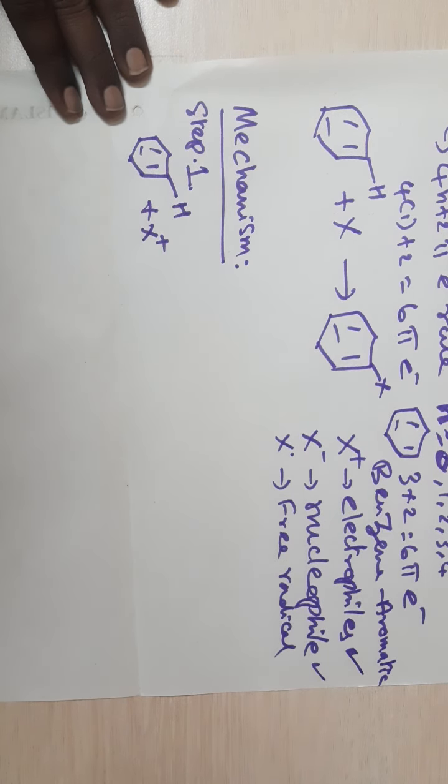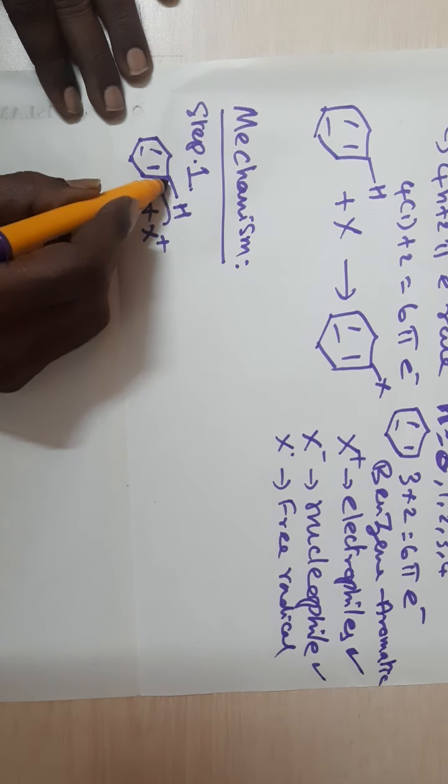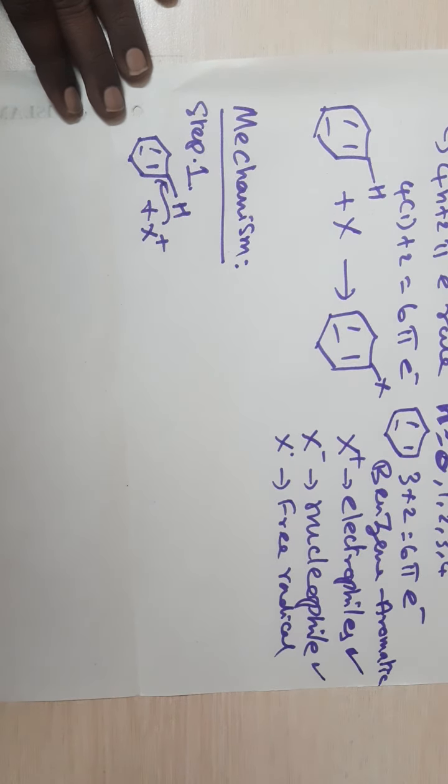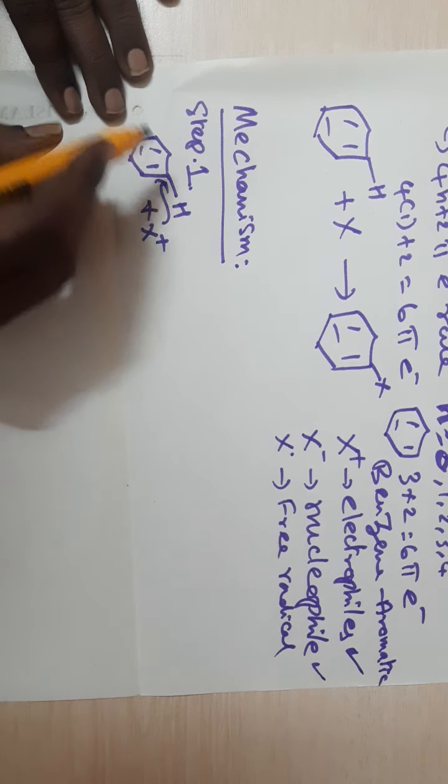So X plus is the attacking species, it is the electrophile, it attacks this carbon. Please note the arrow marks. Please follow the arrow marks. Please follow the method by which I am writing the mechanism. If you follow this strictly, it will be very easy for you to write the mechanism and reproduce it in the examination. So electrophile X plus attacks at this carbon.